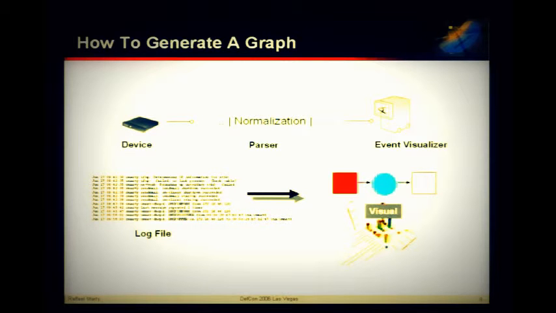What you have to do is take that log file on the left side and parse that thing. You need to figure out where are my source addresses in there, where are the destination addresses, where are the ports. So you need to parse it out and figure out all those things. And then you throw it into an event visualizer, whatever that is. You can use Afterglow, which I will show in a second, and you generate a graph.